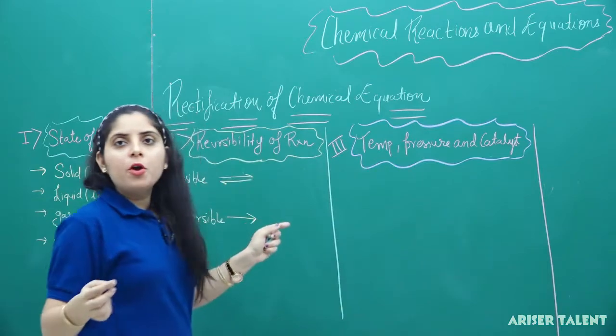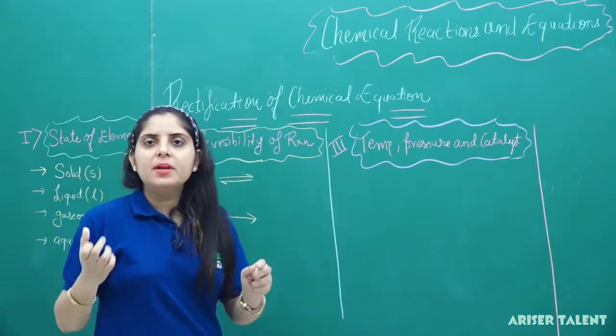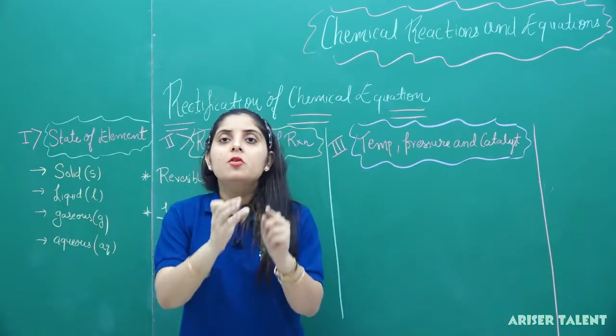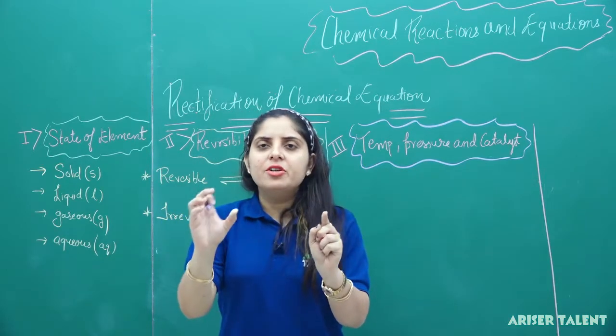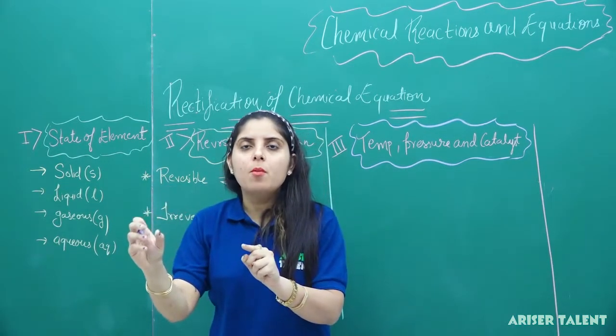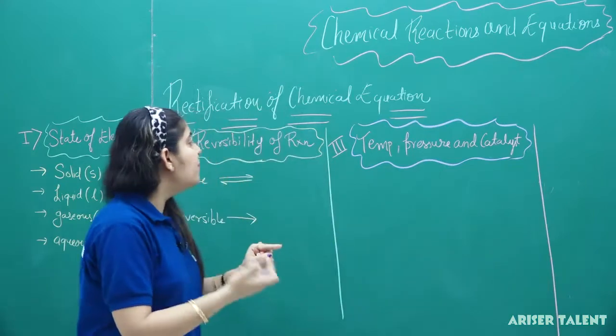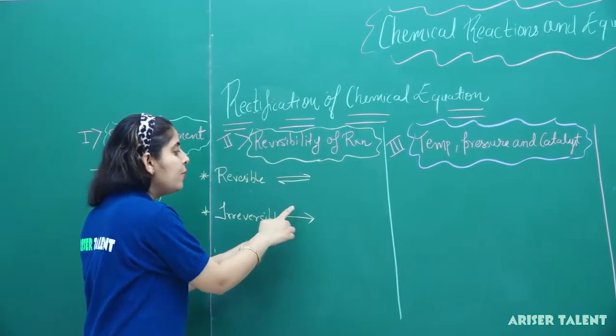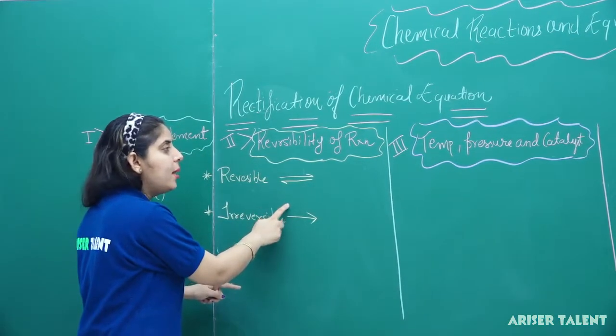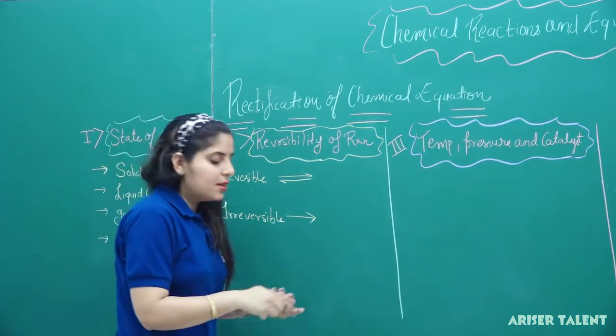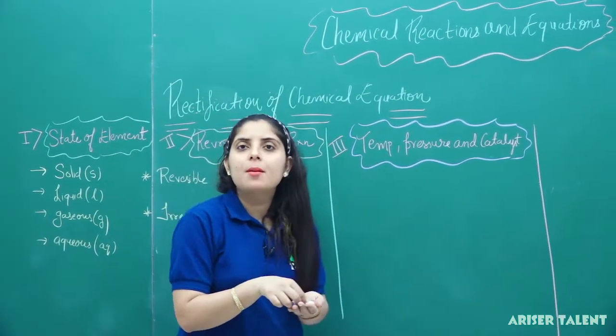If we want to determine the condition of temperature, pressure and catalyst, we write a simple equation in symbolic form, and above the arrow we write the conditions of temperature, pressure and catalyst. Now I am showing you with the help of an example.